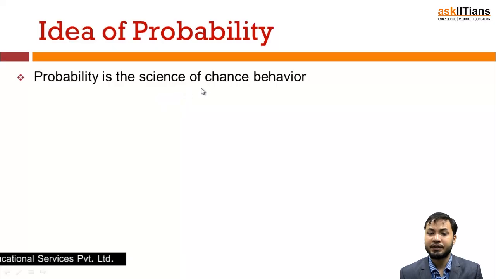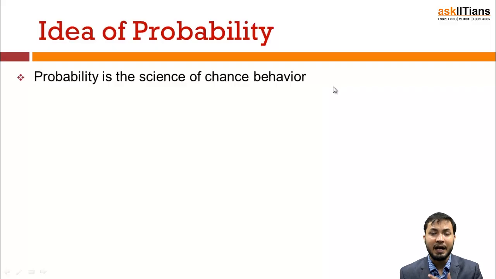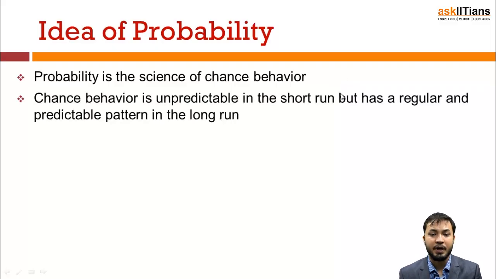Now the idea of probability is very interesting. Probability is the science of behavior. We know that it is the mathematics of chance, and that is how we define it as the science of behavior. Chance behavior is unpredictable, obviously, in the short run, but has a regular and predictable pattern in the long run. If we toss a coin, it can come up either head or tail.